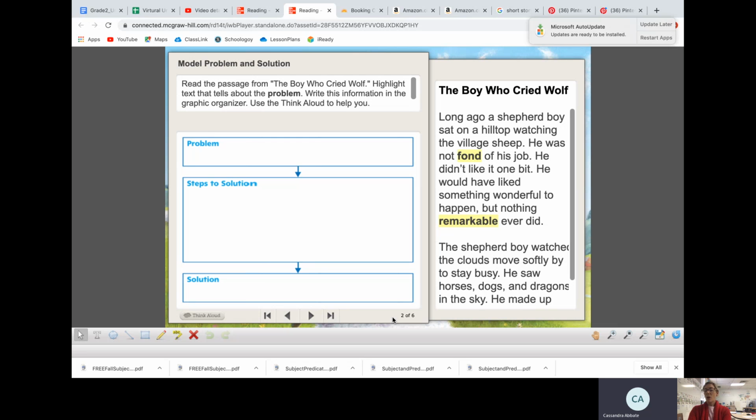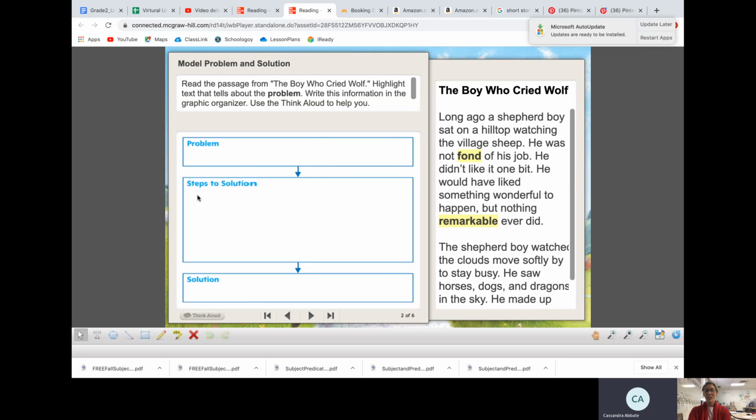I want you to make your paper look like this graphic organizer. At the top, make a skinny rectangle. Obviously don't make it too small because you need to be able to write in it.